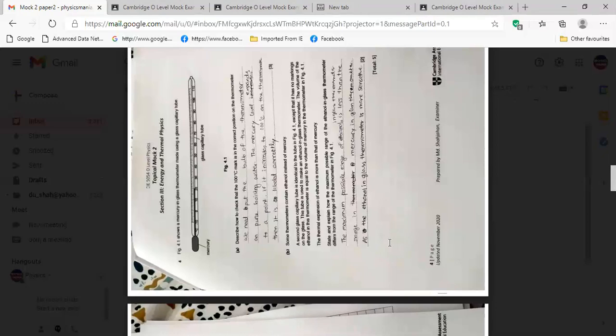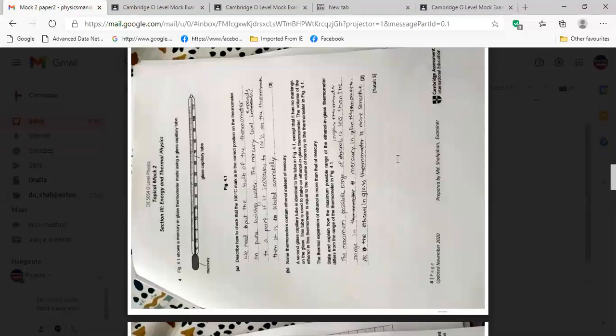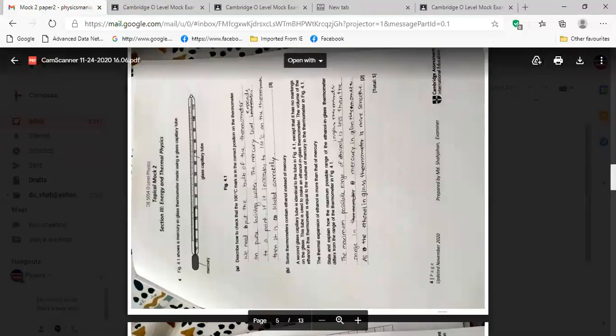The maximum possible range of ethanol. So if expansion is more, then range will be less, right? Yes, sir. Yes, ethanol is more sensitive here. Yes, sir. So, sir, will I get the 2 marks or will it be minused? Let's see.